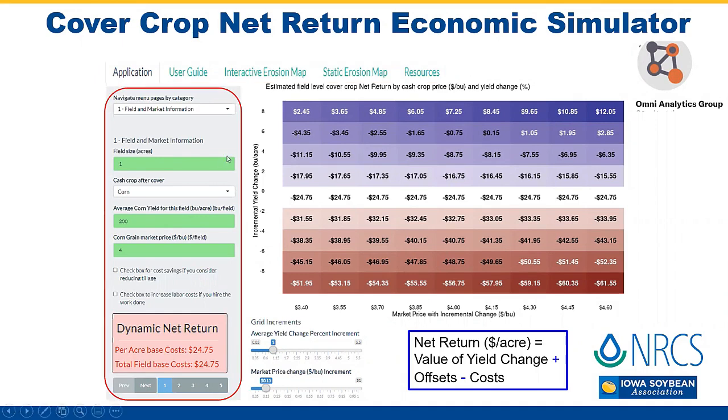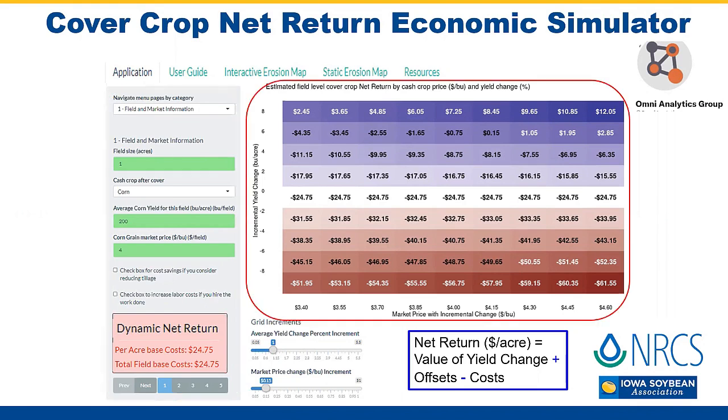Here on the left, it's all information. This is the place where you would enter or adjust the input information. And what you see here, this is the core, this is the heart of the tool. This is the so-called dynamic net return grid or matrix. Essentially, it tells the profit or net return from different combinations of yield change, or yield increase or yield loss from cover crop, to a wide range of prices.